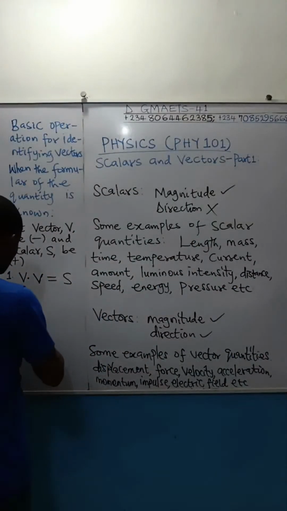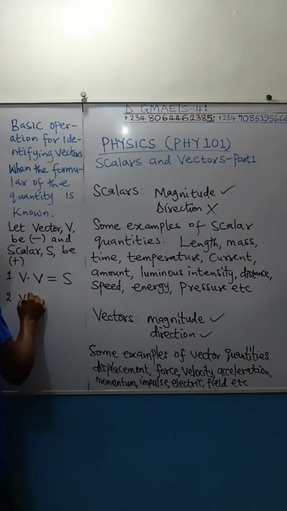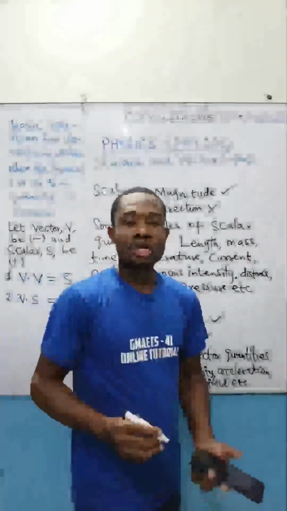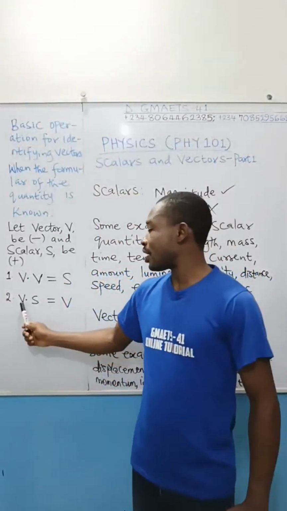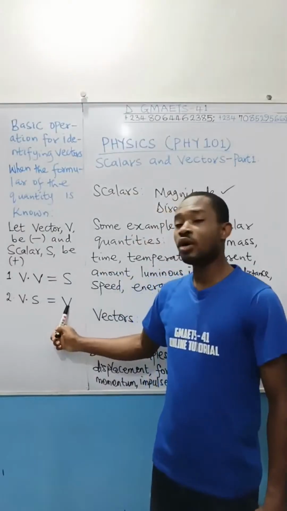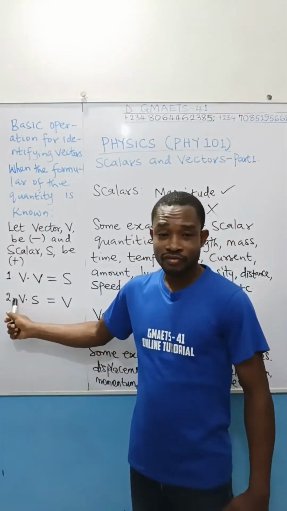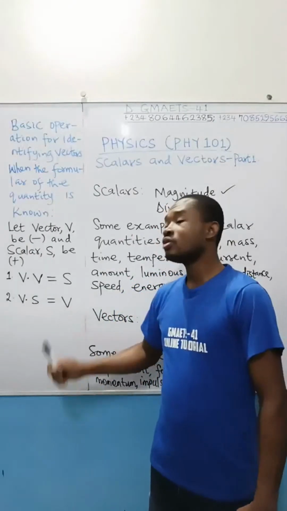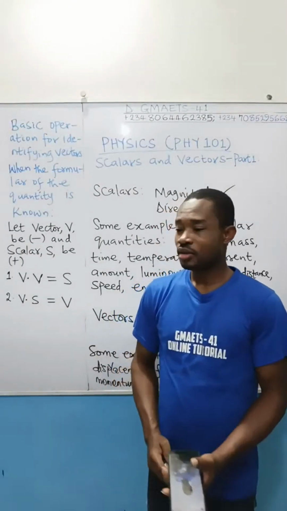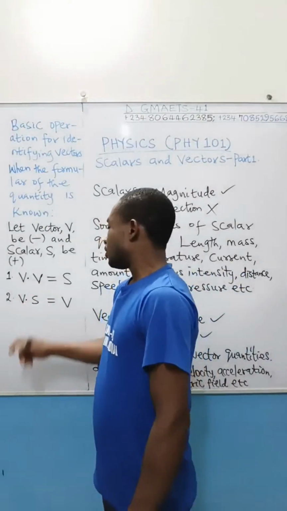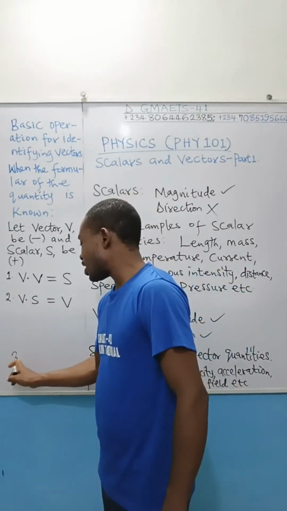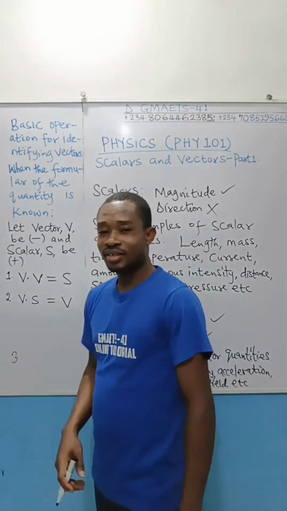Now, number 2, vector times scalar will give you vector. It is just like minus times plus will give you what? Minus. It's still the same as scalar times vector will give you a vector. Then take note: scalar times scalar will give you scalar.